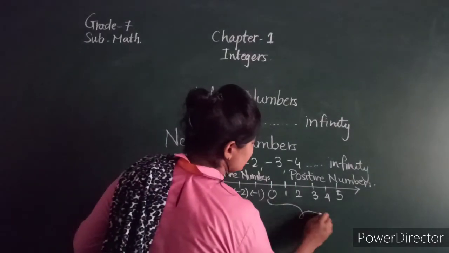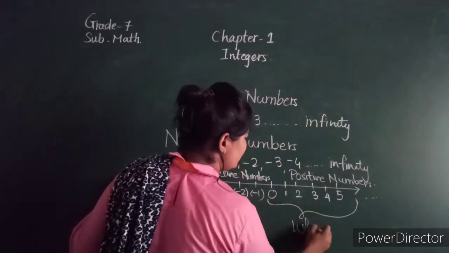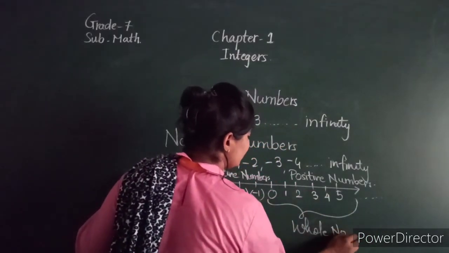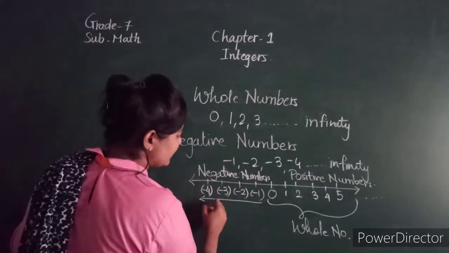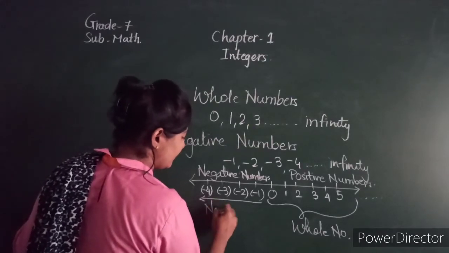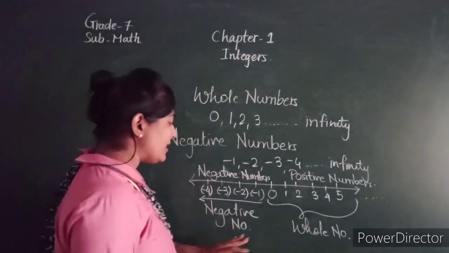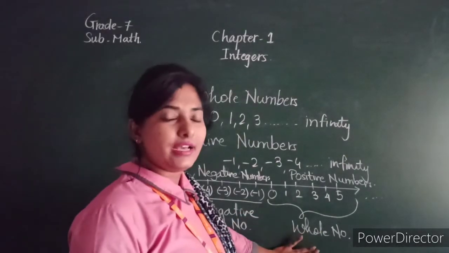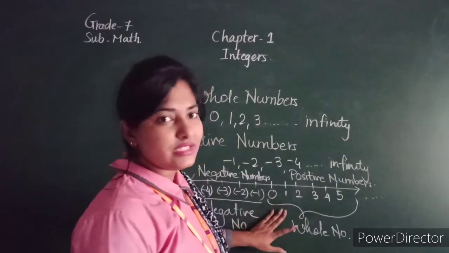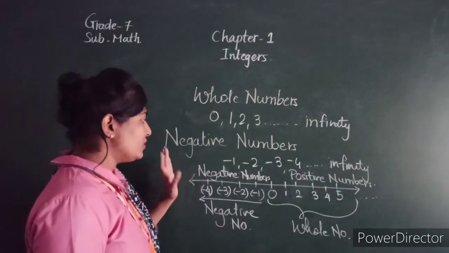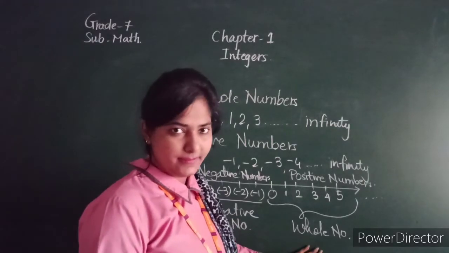From 0 onwards, these are known as whole numbers, and from -1 these are negative numbers. So it is a bigger collection of negative numbers and whole numbers. From this you get what an integer is: an integer is a bigger collection of negative numbers and whole numbers.